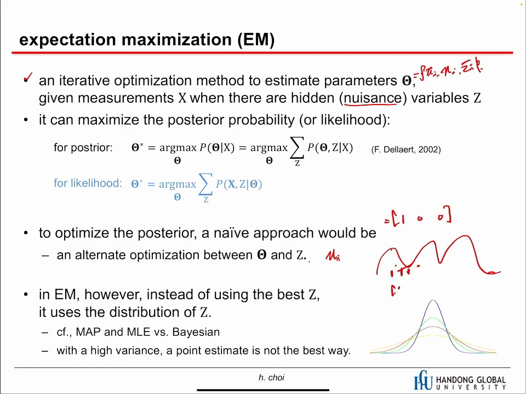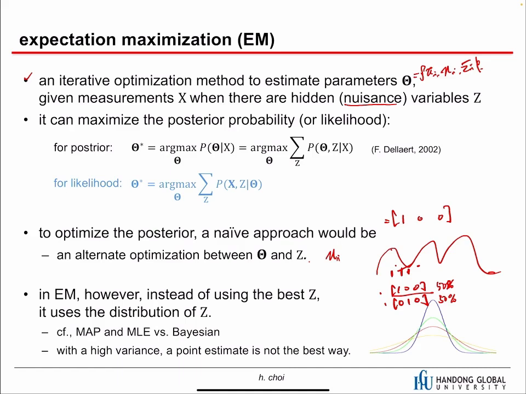Then can we use 1, 0, 0 or 0, 1, 0? Which one is the correct one? Both, right? Both are correct, but not exclusively. They are correct with the same probability, 50% and 50%.